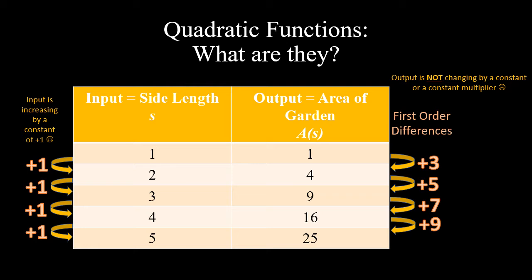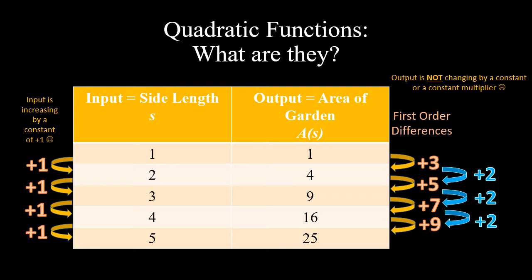But then we thought a little bit more and said, if I look at those first order differences, 3, 5, 7, and 9, I actually can see a pattern between those. To go from 3 to 5, I add 2. To go from 5 to 7, I add 2. And to go from 7 to 9, I add 2.